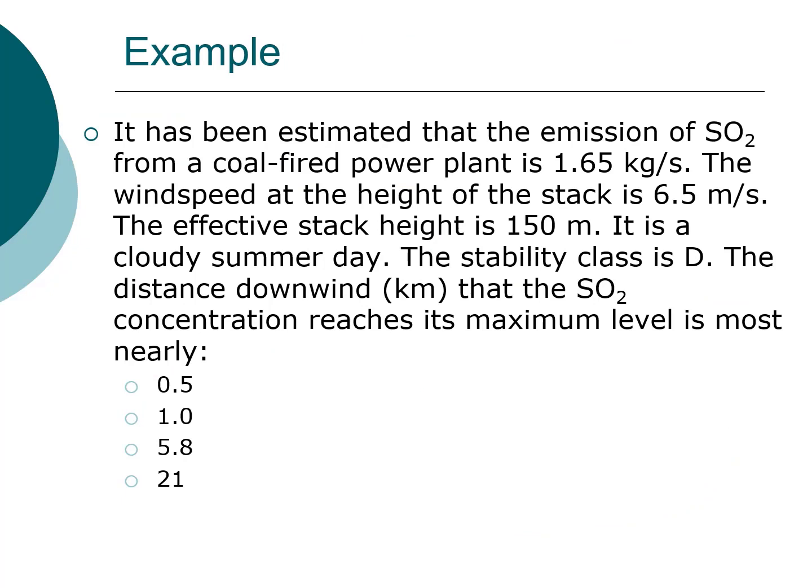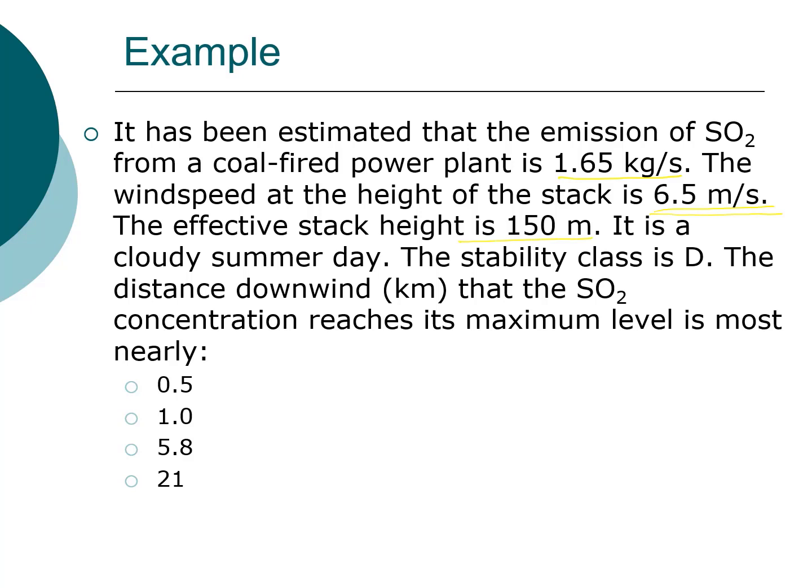So let's look at this problem here. And we have a similar situation. Again, we have an effective stack, the emissions from the stack. In this case, you're told that the wind speed is 6.5 meters per second.